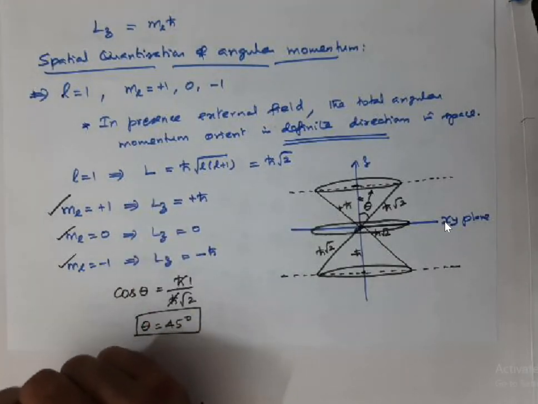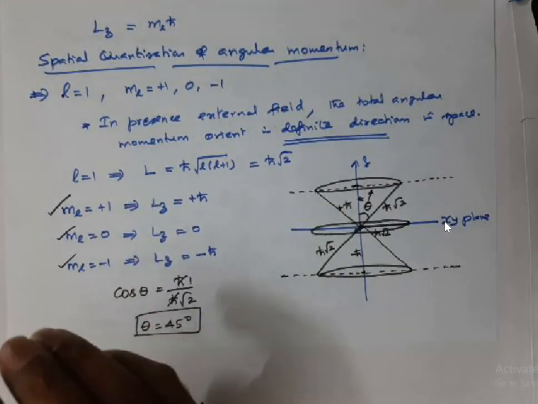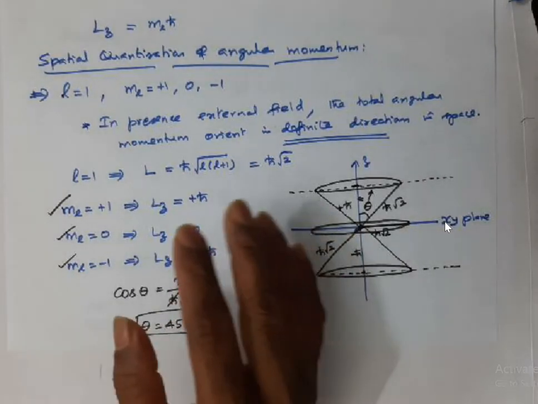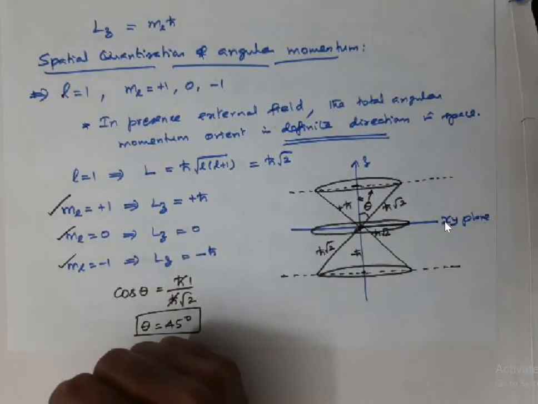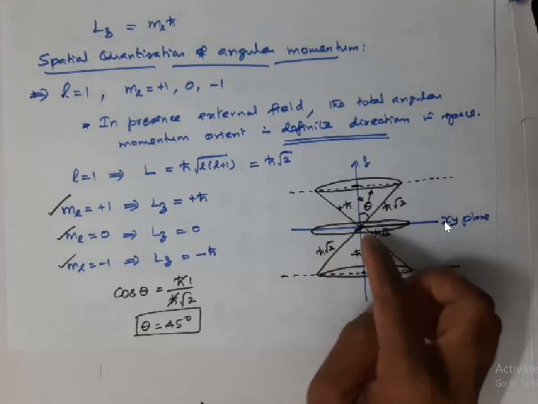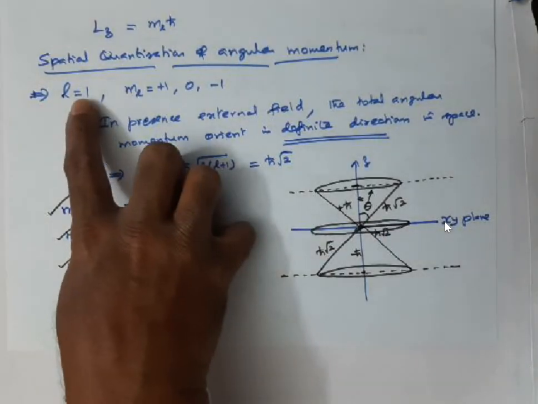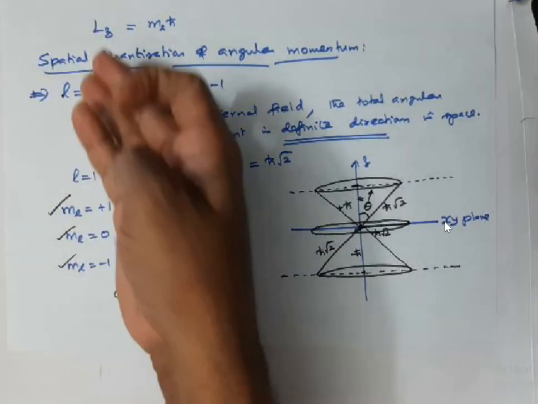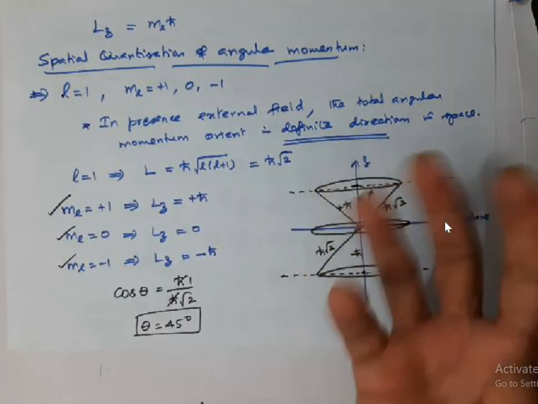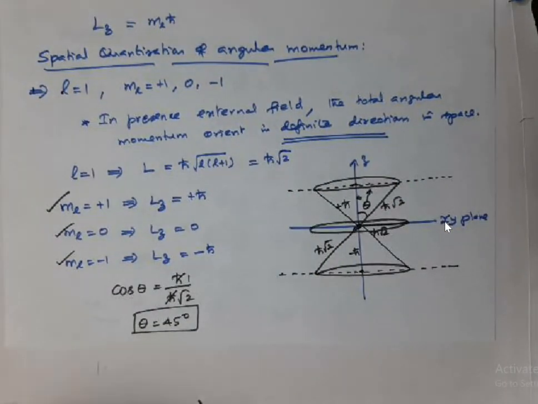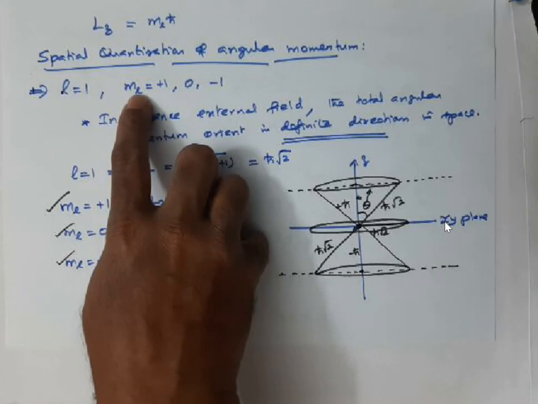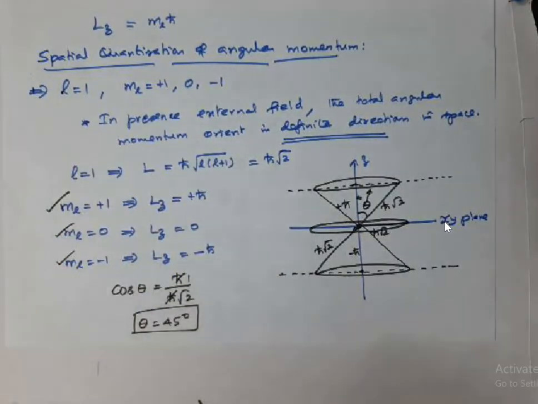This is what we call spatial quantization of angular momentum. I gave this explanation based on the L value 1. If you take L value 2, you will get 5 different orientations. Depending upon the values of ml, you will get that many orientations of the total angular momentum in space. Keep this in mind.